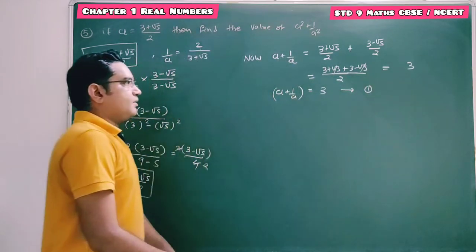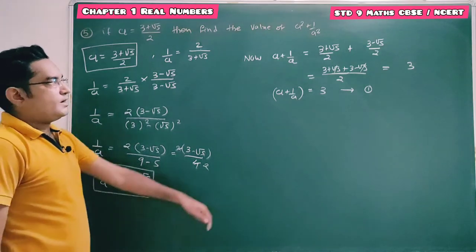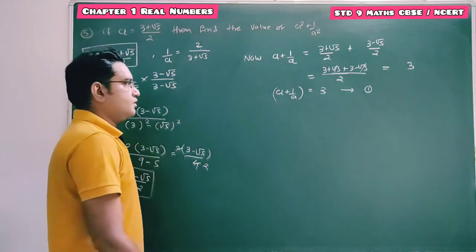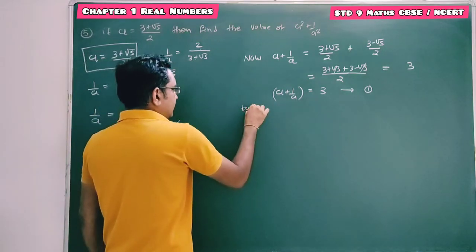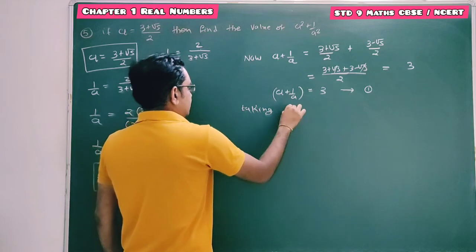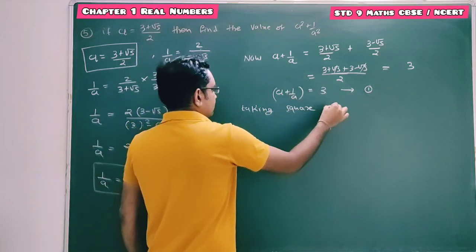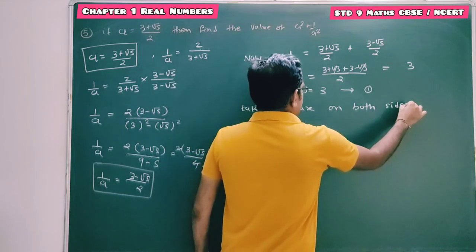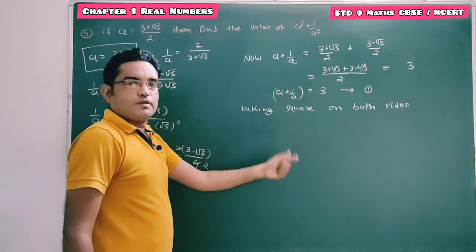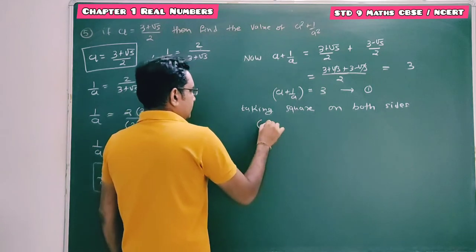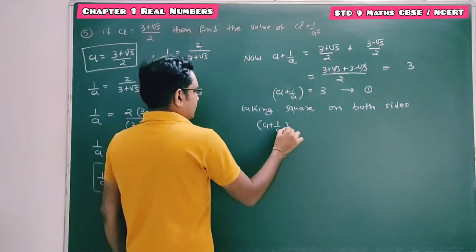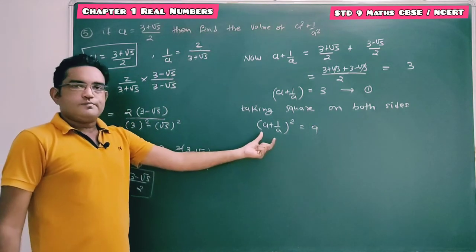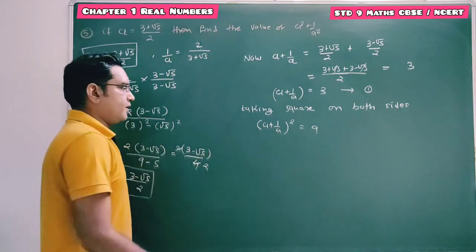Done. But our question is to find the value of a square plus 1 by a square. Square should come. So now taking square on both sides. If we take the square, the a square plus 1 upon a square term will come. So this will be a plus 1 upon a whole square equal to 3 square, which is 9. Now it's again the square of a binomial, so perform expansion.